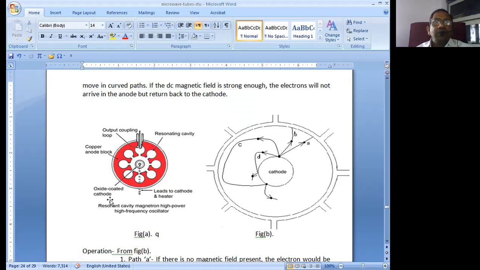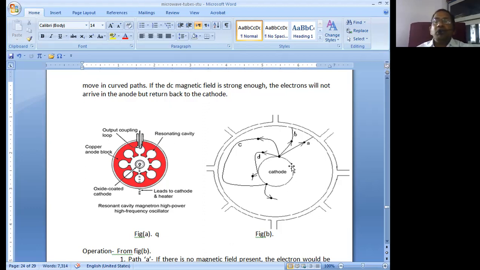This is an oxide-coated cathode, and you have leads to the cathode and heater circuit. This is the diagram we use to explain the operation of the magnetron in terms of generating the RF waveform at microwave frequency ranges. This is the magnetron which we discussed in the last class.